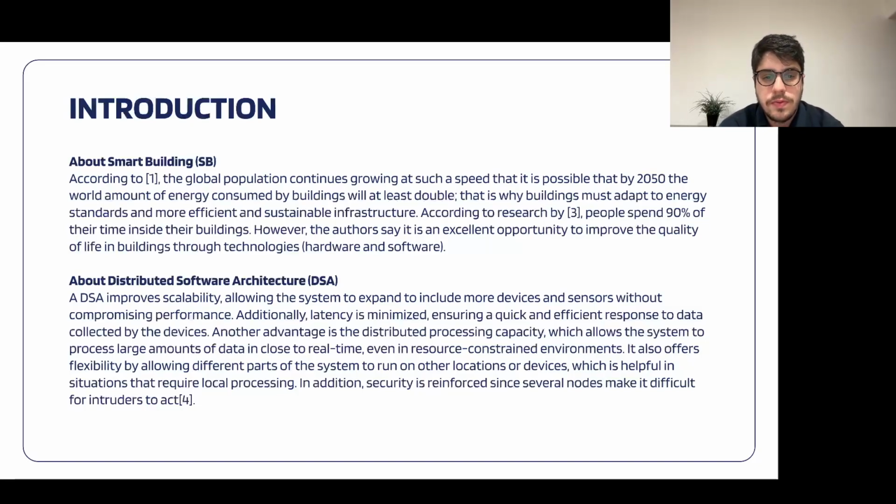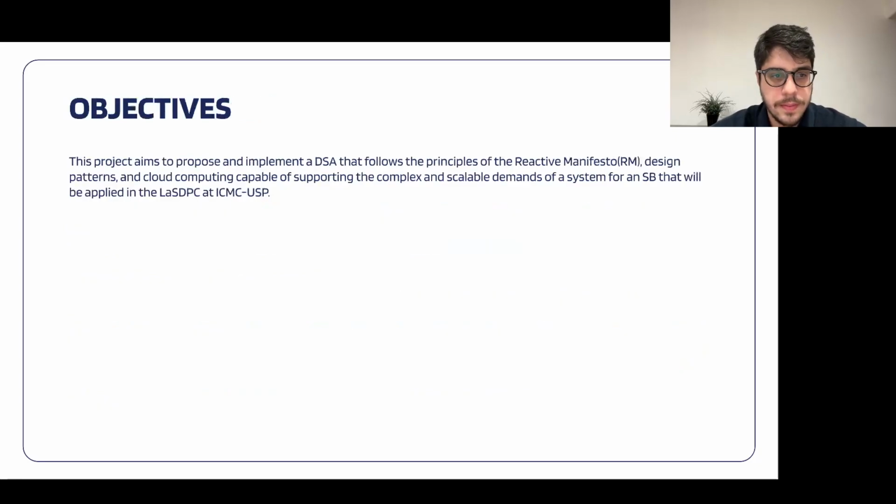All the philosophy and the implementation of the state of the art of distributed architectures are required to minimize latency and provide efficient response. So in order to have these smart systems, we need to have a distributed system supporting all of these new demands of different sensors and all of that.